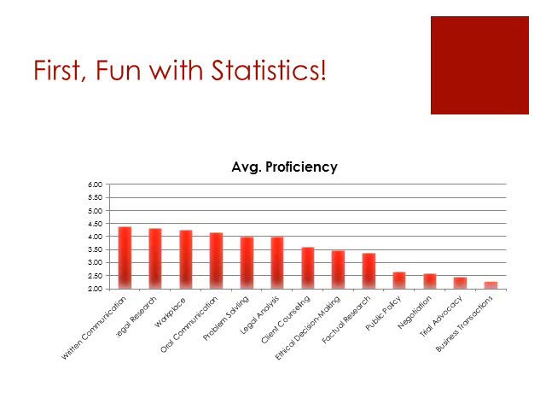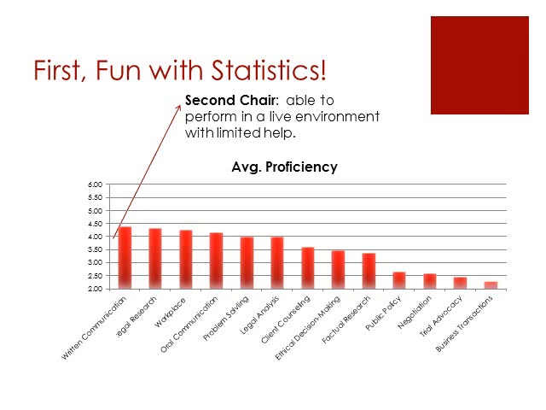To help orient you or remind you what those proficiency levels meant, let me add a couple of pieces of information. A 4 on the proficiency scale means I'm able to perform this skill in a live environment, that is, outside of the classroom, with live parties and clients, and I'm able to do that with only a little bit of help.